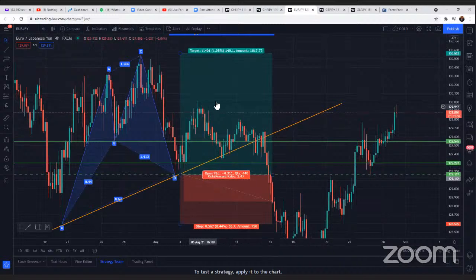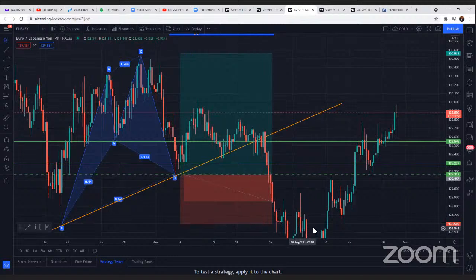You can see it went up, came down, came back to this level, the dotted lines, pushed back down, and then boom, it went up.